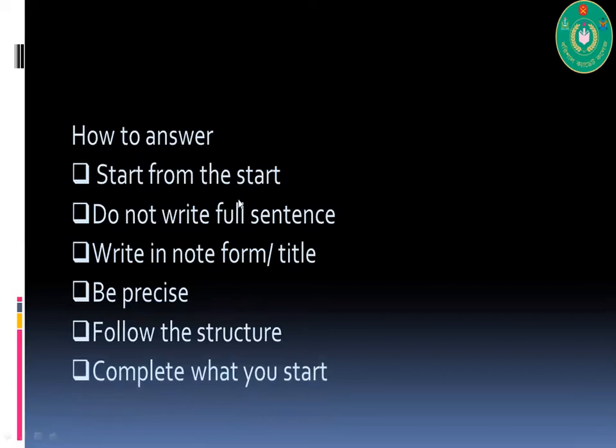The first point says start from the start, then you have to give it a finishing. That is what is required: you start and you give a suitable finish. Remember, as described in the passage, you have no liberty, you have no authority to import ideas apart from the passage.